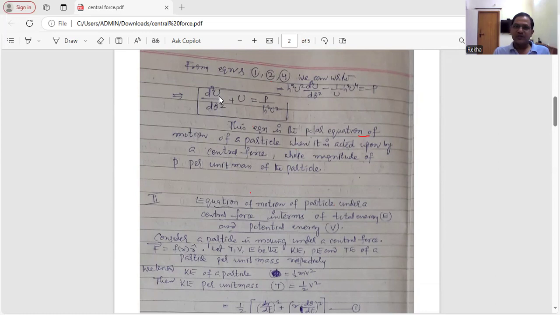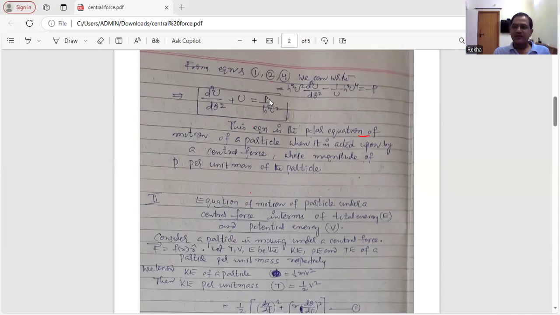In the equation d square u by d theta square plus u equal to p by h square u square, u is equal to 1 by r, the radius vector, and p is equal to the force per unit mass. For example, a planet is moving around the sun.